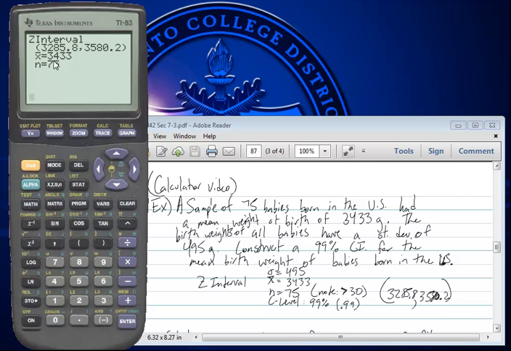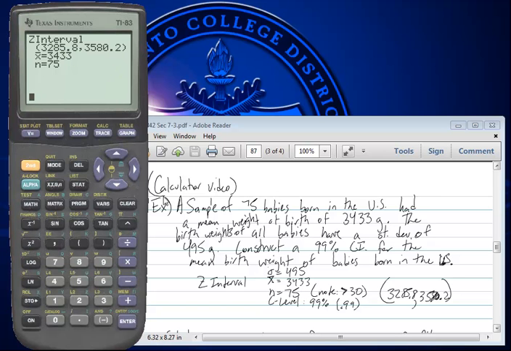But we put those in there, so we already knew what those were. Again, we're pretty sure that this interval contains the true value of the mean birth weight of babies born in the U.S. between that many and that many grams, and that's what these confidence intervals do for us. It gives us an idea not only of an estimate based on that sample, but how good that estimate is, or how far off that estimate might be.